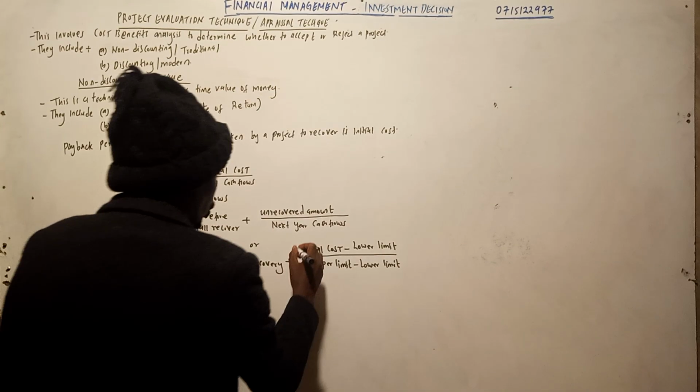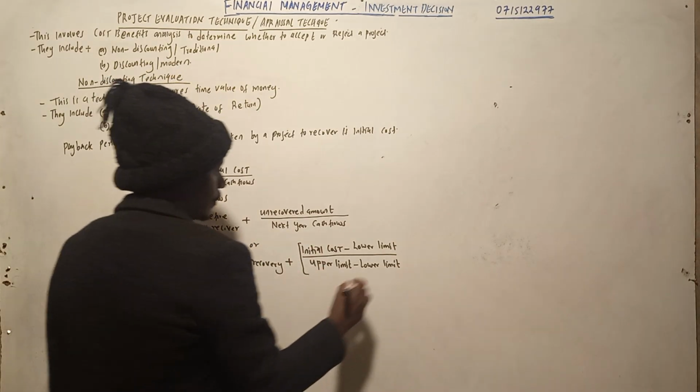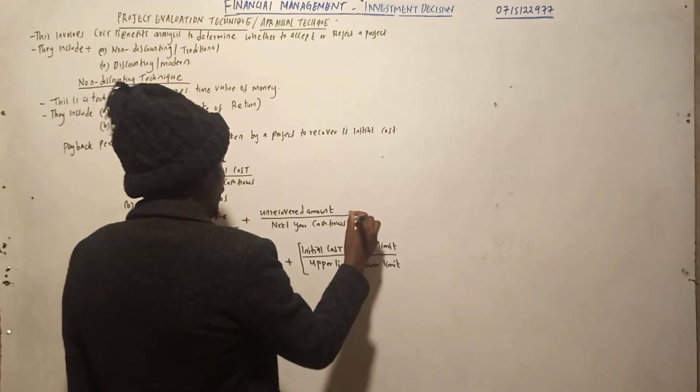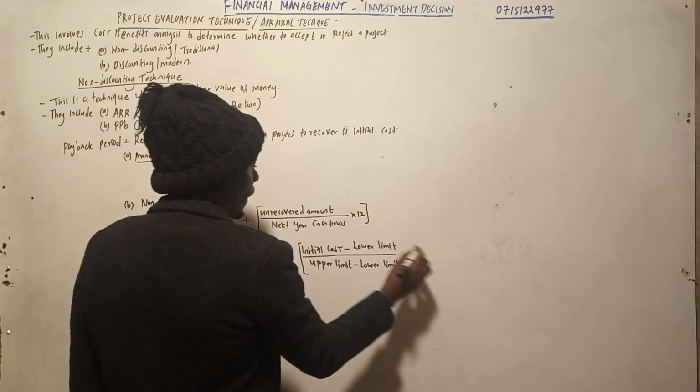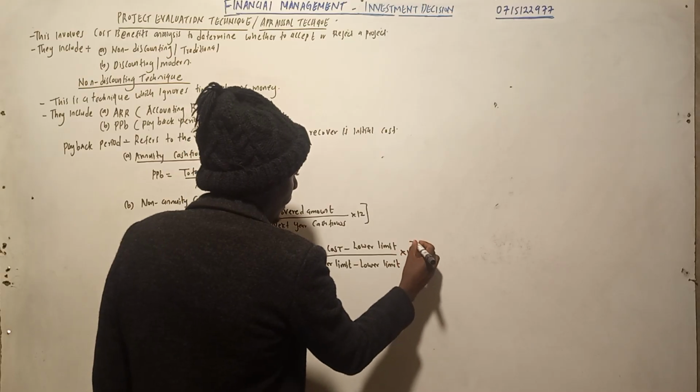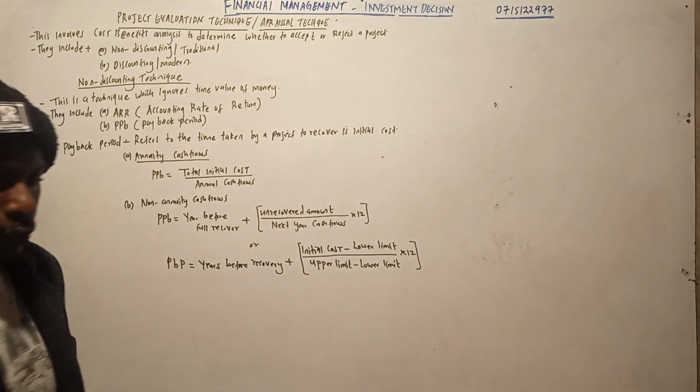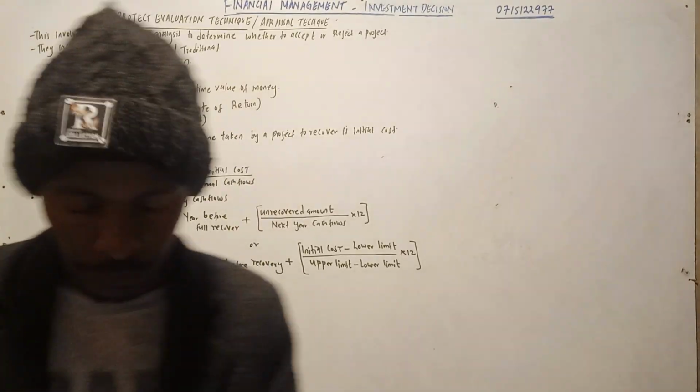Then you multiply with 12. Even there you can multiply, and here too you multiply by 12, in that order. So let's see an example.